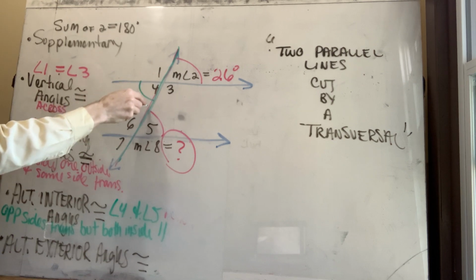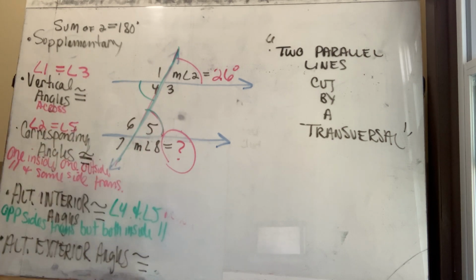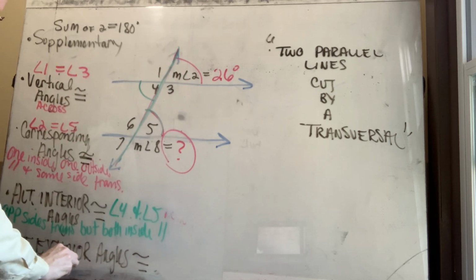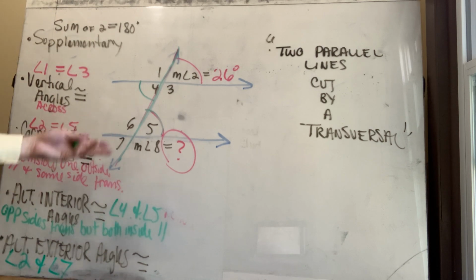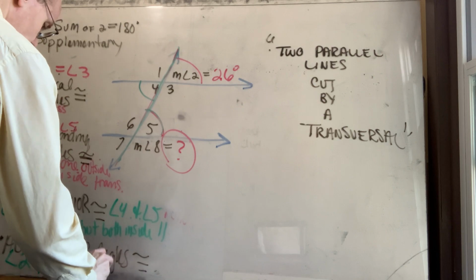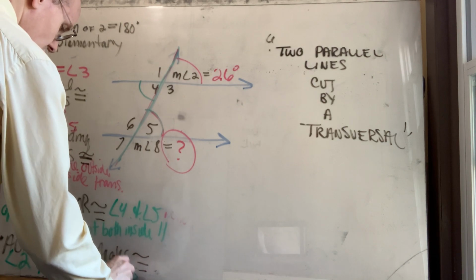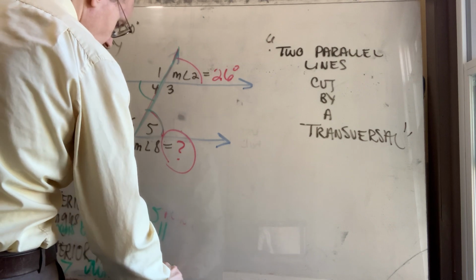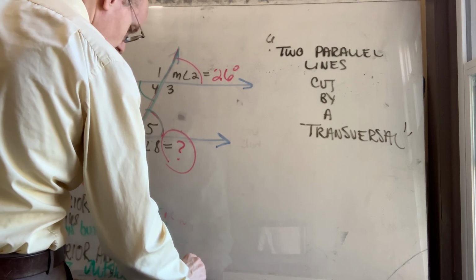One is here, one is there. Alternate exterior is something like angle 2 and angle 7, which is what I ended up using myself when I tried to answer this question. They are outside the parallel lines, on opposite sides of the transversal.